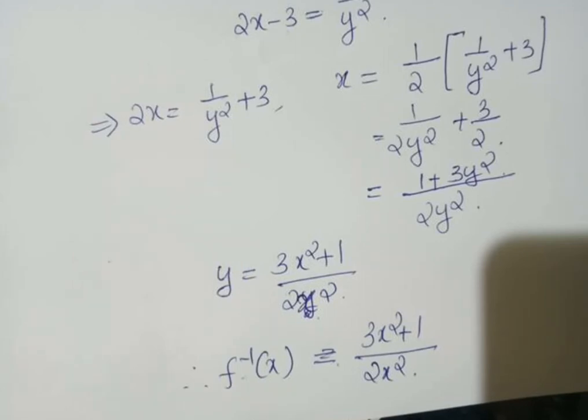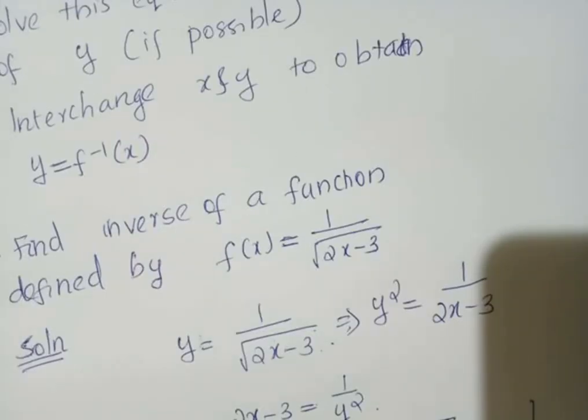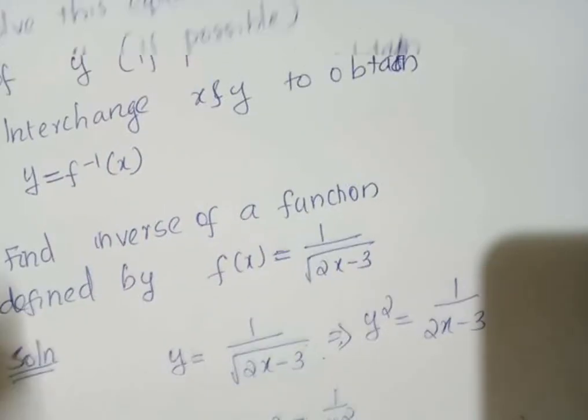I think it is easy for you all. I'm going to do one more problem. Find the inverse of the second one, f of x equal to 3x minus 2. This is very simple.